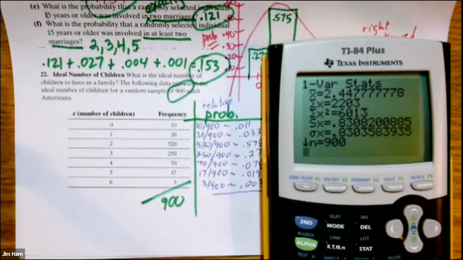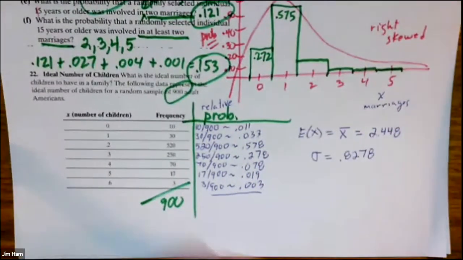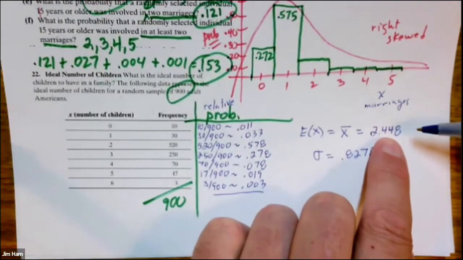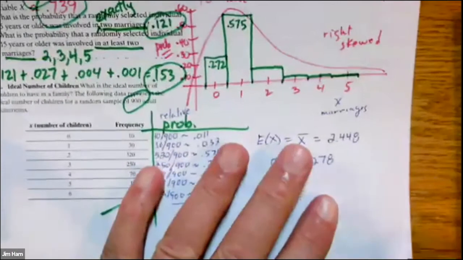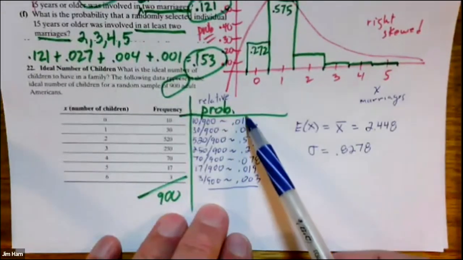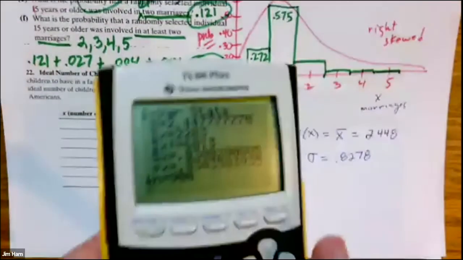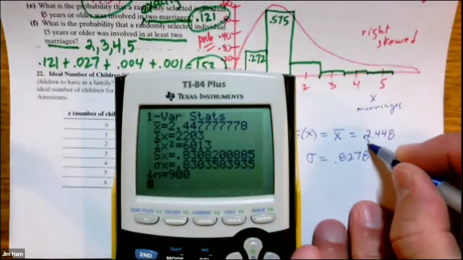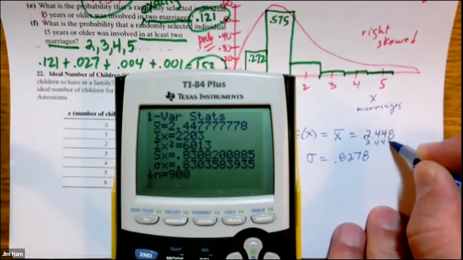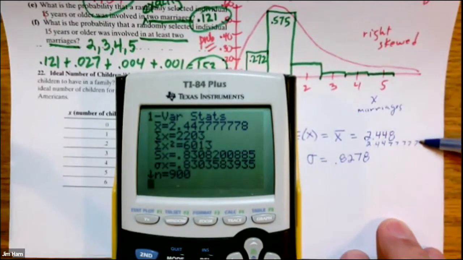and I'm not sure why it didn't give us the, oh, did it? Yeah. It's close, and the reason why it's not exactly the same is because when I put these numbers in, they were all rounded. So there's some rounding error going on here. If you compare 2.448 to 2.4477777, this is the actual mean.